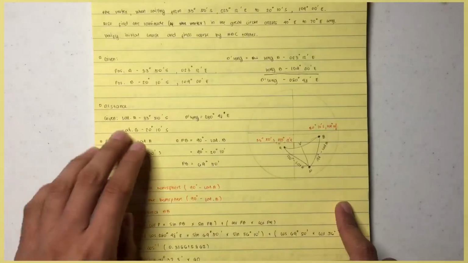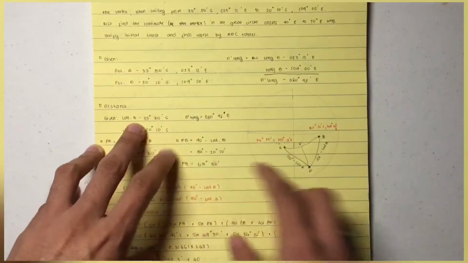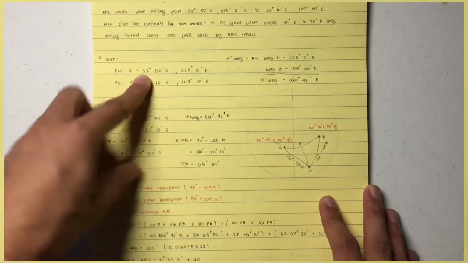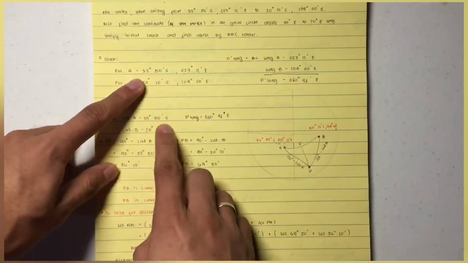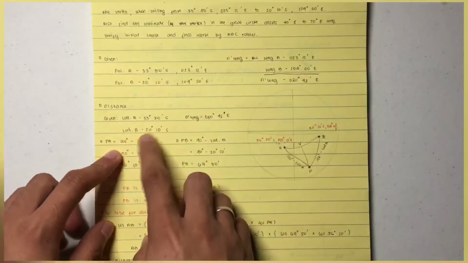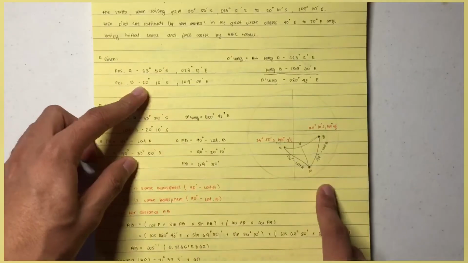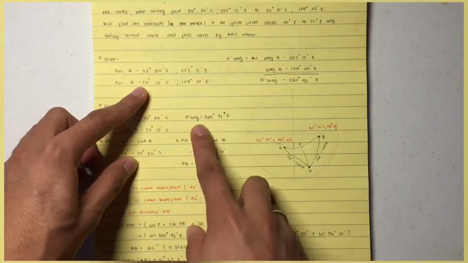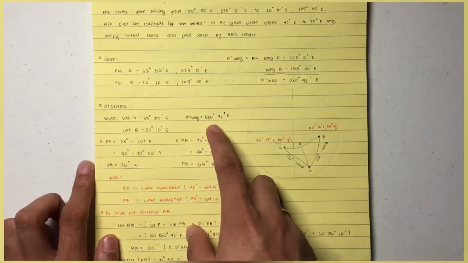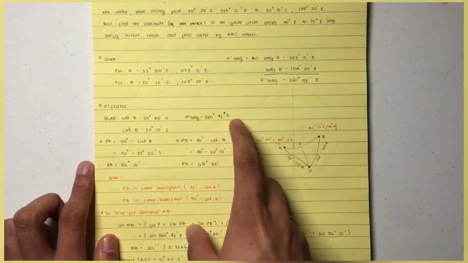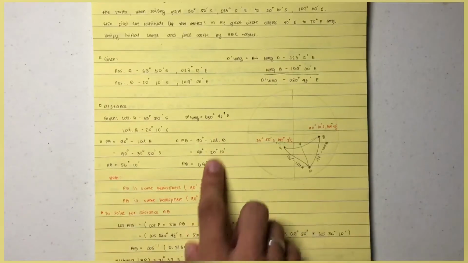So the given is latitude A, which is 33 degrees 50 minutes south, and the latitude B, which is 20 degrees 10 minutes south. And again, we need the difference of longitude, which is 080 degrees 48 minutes east.